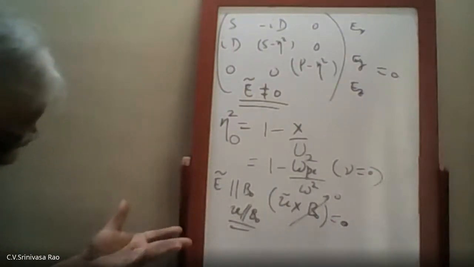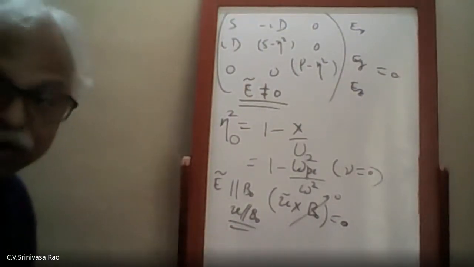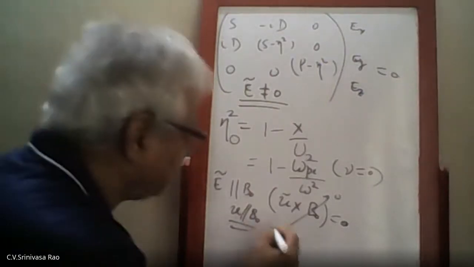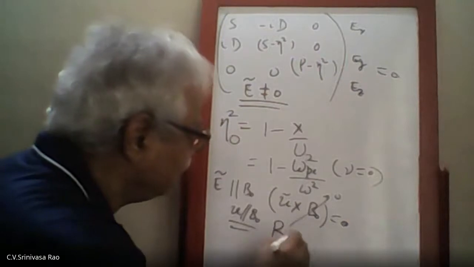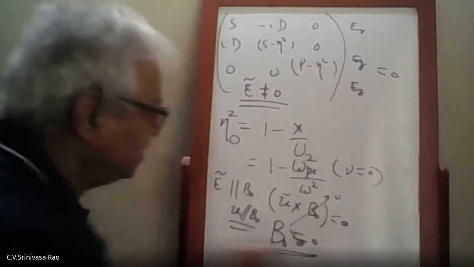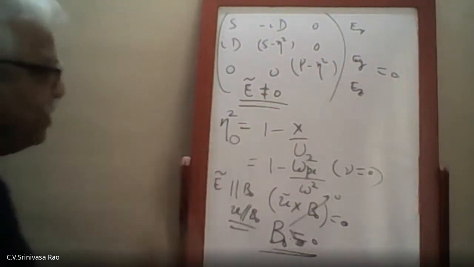The wave will propagate as if there was no B naught at all. The wave will propagate as if B naught was 0. So that is the reason why it is called ordinary wave.